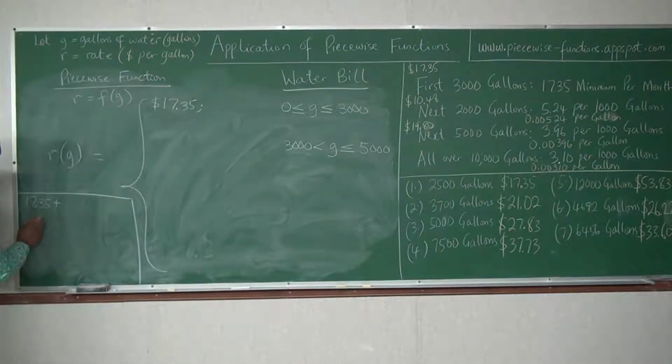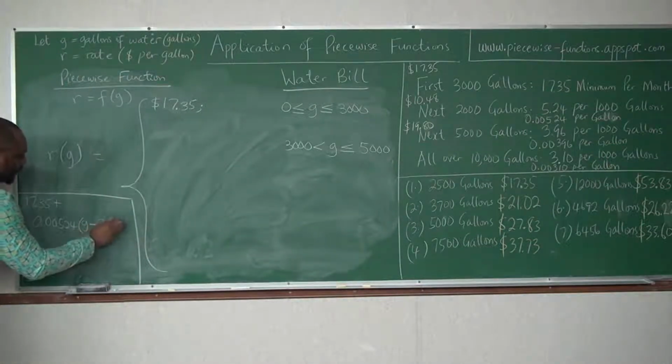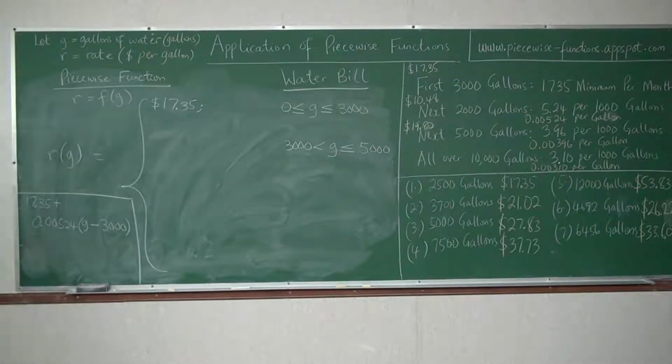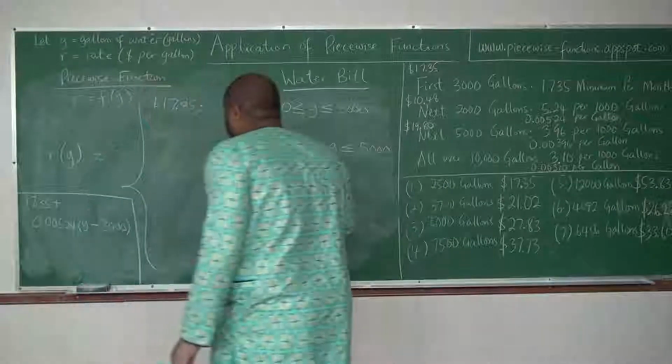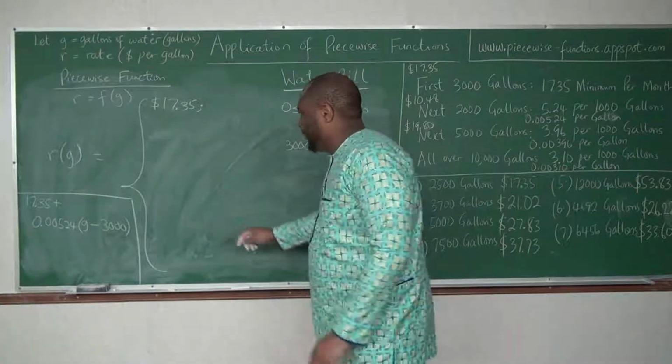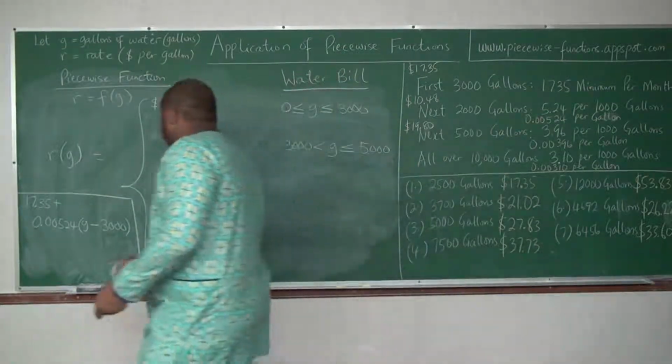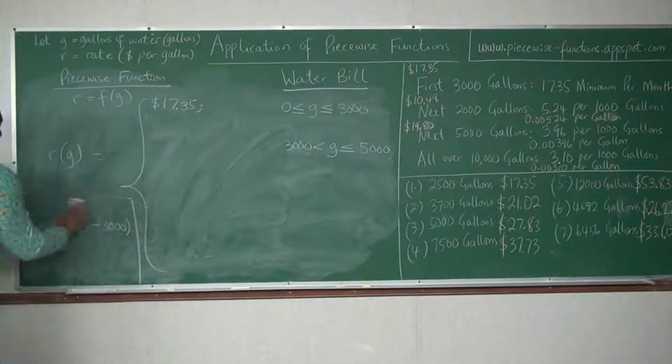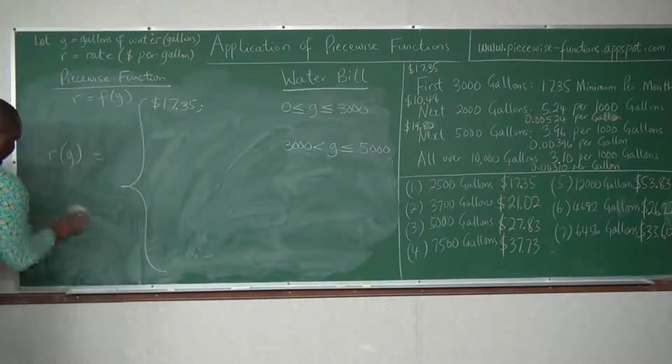Then you pay 0.00524 for any amount of gallons over 3,000. Do you see what I wrote now? Look at what I wrote. I write it here so that I can write it there, and I will erase it after I finish writing.